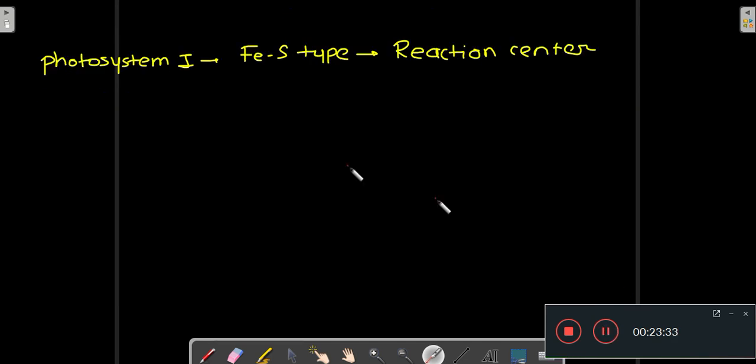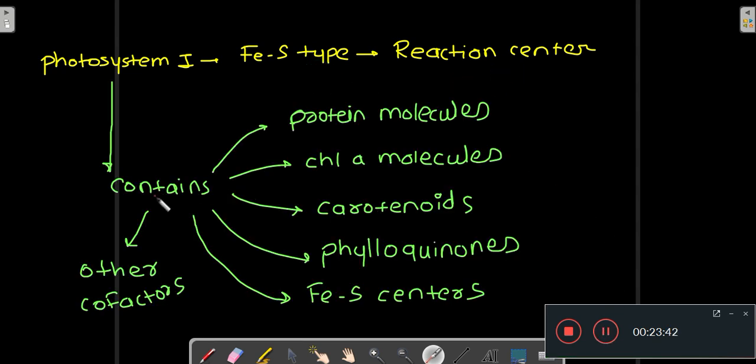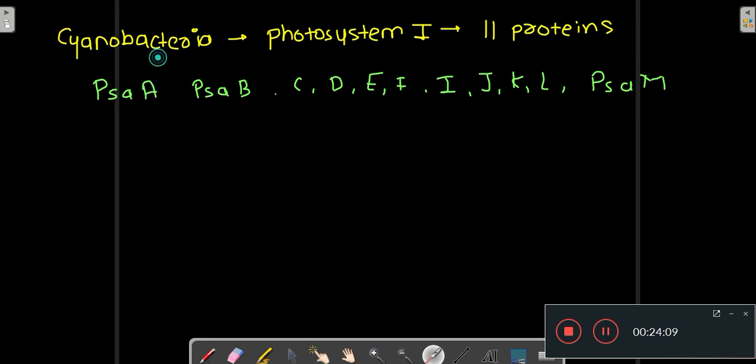Photosystem 1 has the FeS type of reaction center. It contains protein molecules, chlorophyll A molecules, carotenoids, phylloquinones, FeS centers and other cofactors.